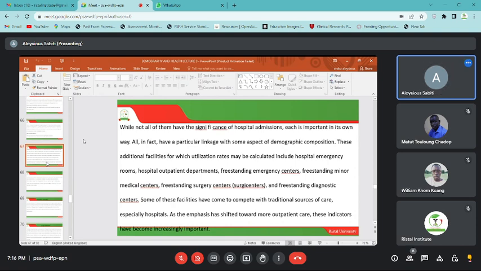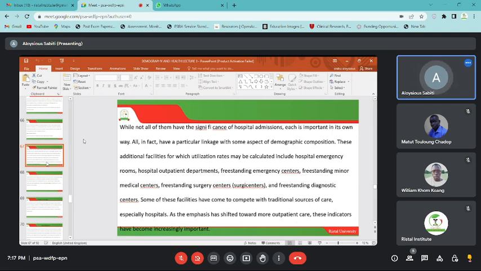So these additional facilities for which utilization rates may be calculated include hospital emergency rooms, hospital outpatient departments, freestanding emergency centers. We may not understand that these indicators are very necessary, but what we can understand here is that they have a linkage to demographic factors.